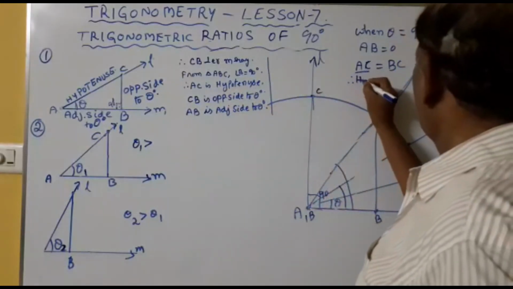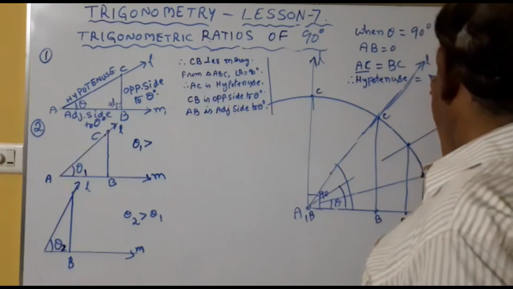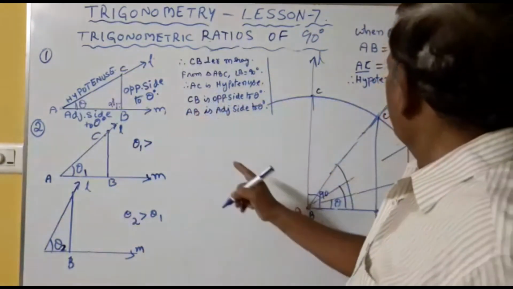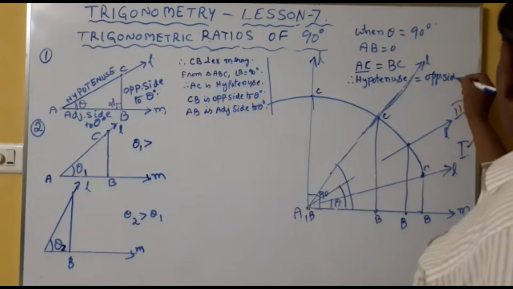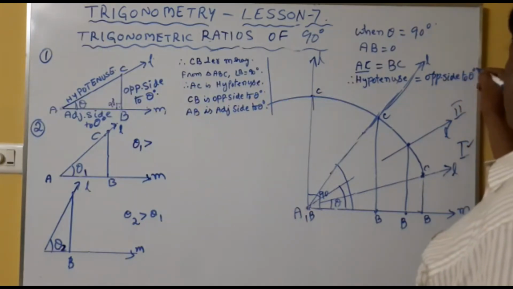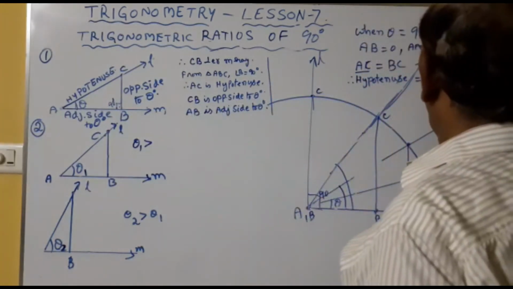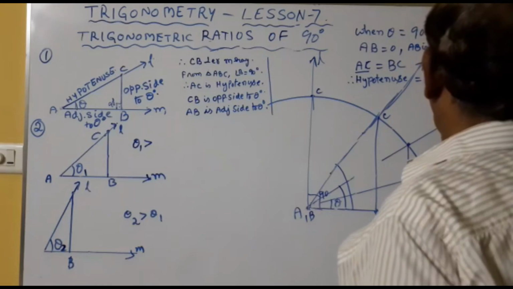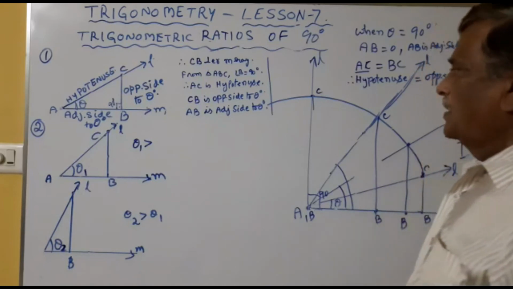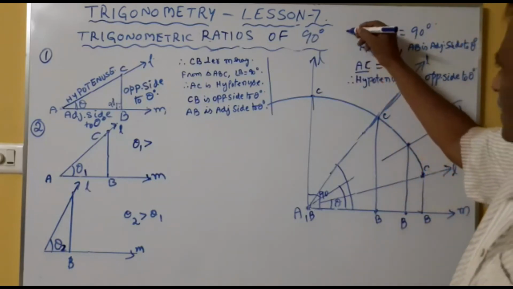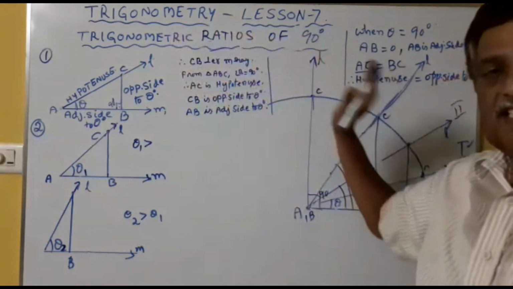Therefore, hypotenuse equal to BC, which is the opposite side to theta degrees. What is AB? AB is adjacent side to theta degrees. These are very important in deriving the trigonometrical ratios of 90 degrees.